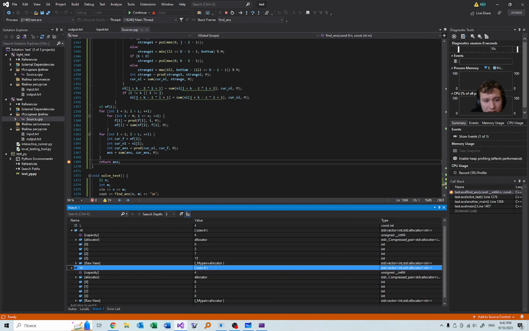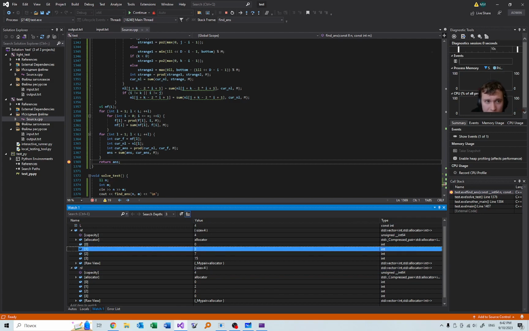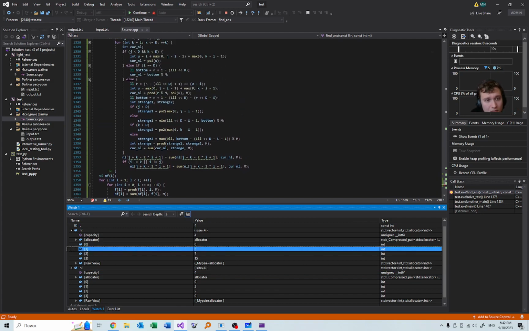So now NL is fine, but this is not. For example, it says that if I have like 3, in the end I actually need to multiply it by something, by m to the n minus l power.